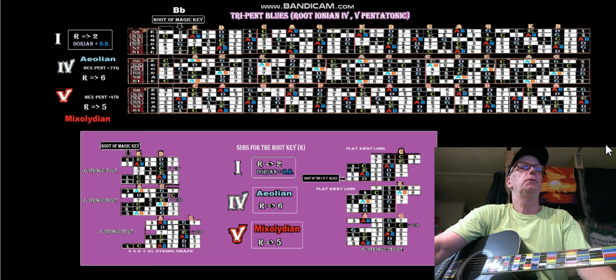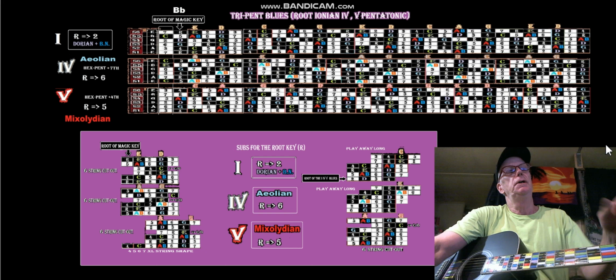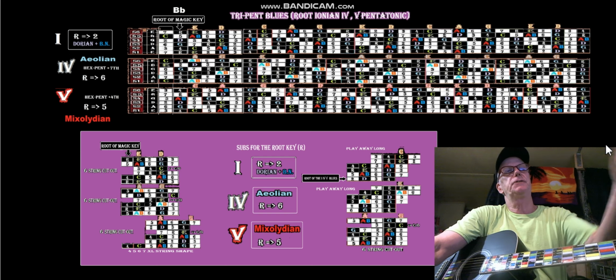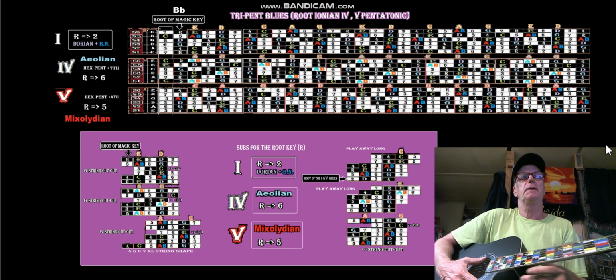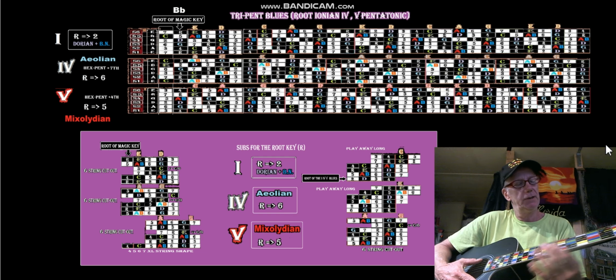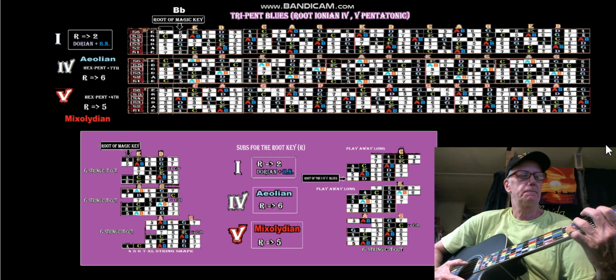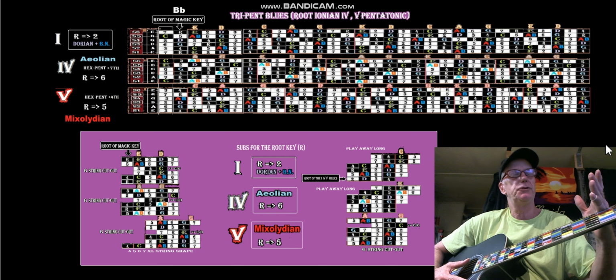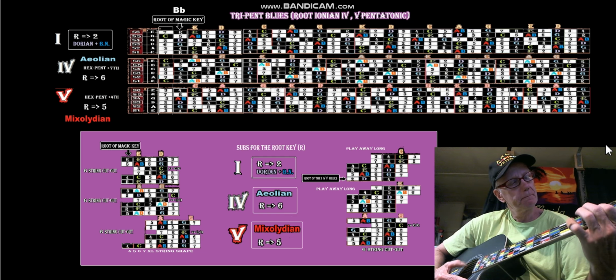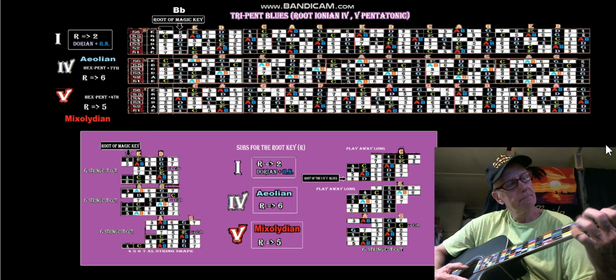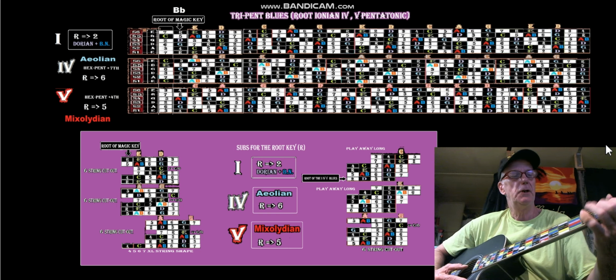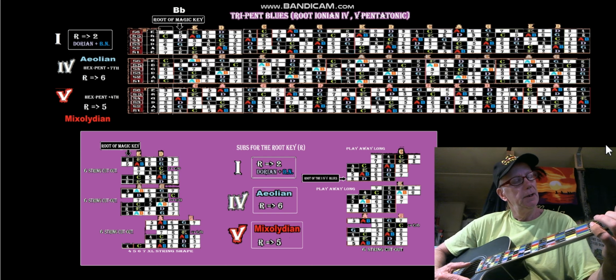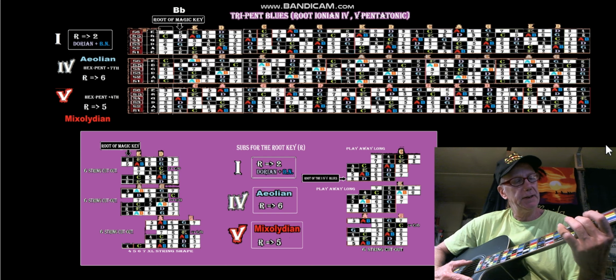And of course, if we're playing in B flat, we would want to add the E natural and the B natural. So if we're playing in C, but we want to turn that C into a Dorian, we can always hit that E, and we can always hit that E down here.